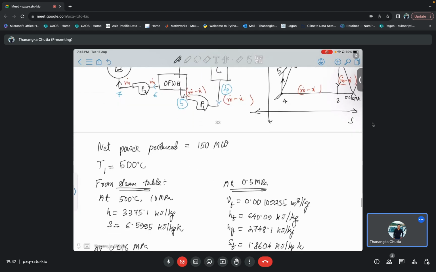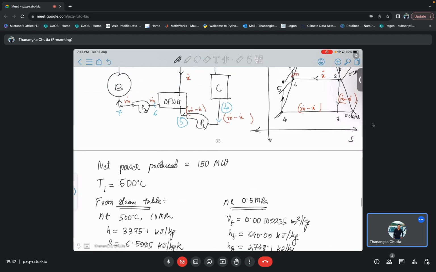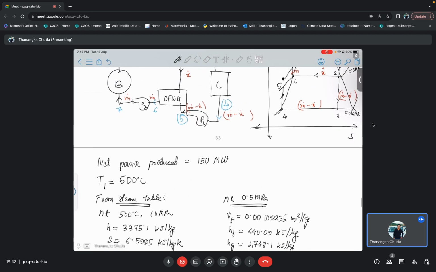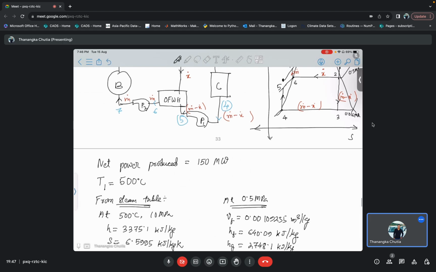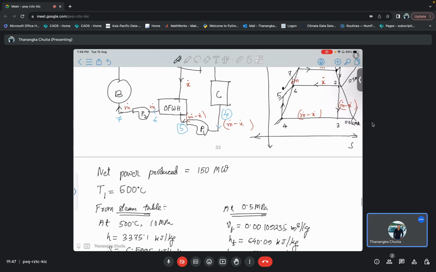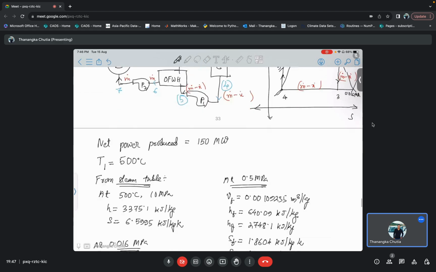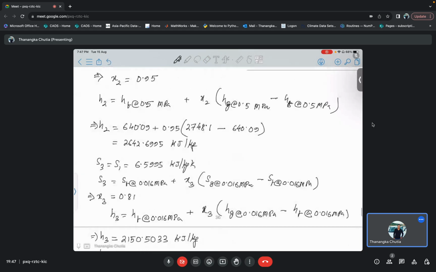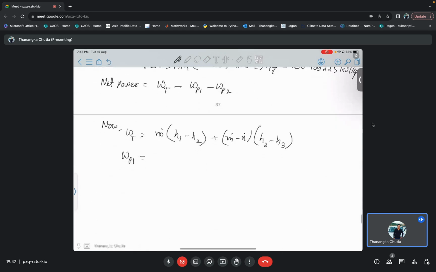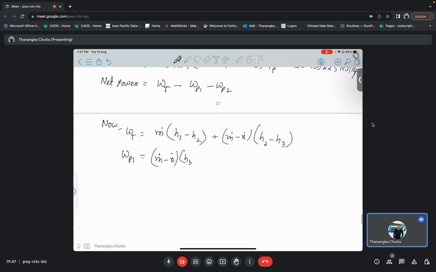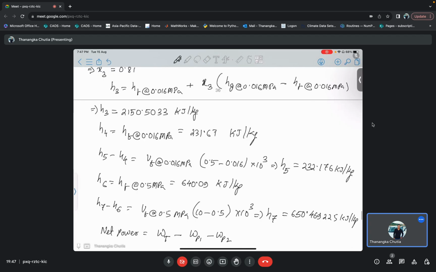So WP1 is m dot minus x dot times h5 minus h4, and similarly my WP2 will be nothing but m dot times h7 minus h6.